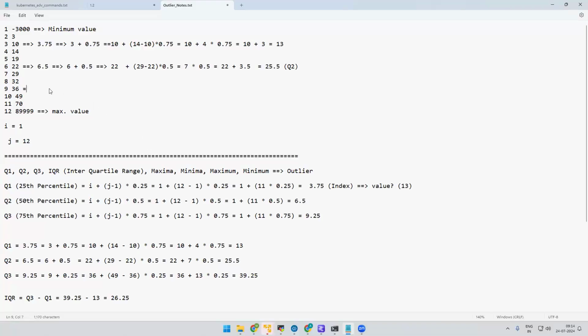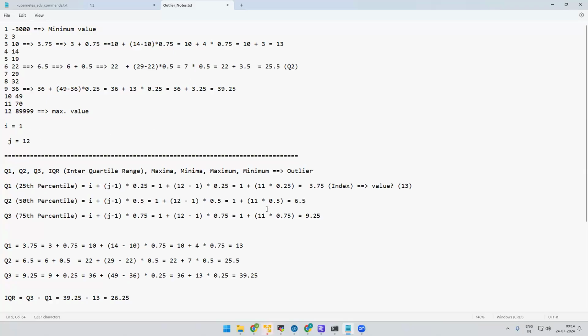It's 36 plus, 49 minus 36, multiplied by 0.25, which is 1 by 4. 49 minus 36 is 13. 13 multiplied by 1 by 4 is 3.25. So 36 plus 3.25 gives 39.25.